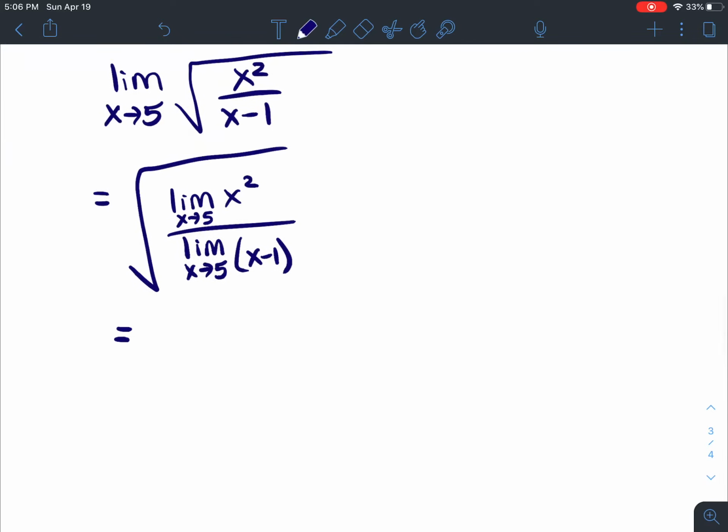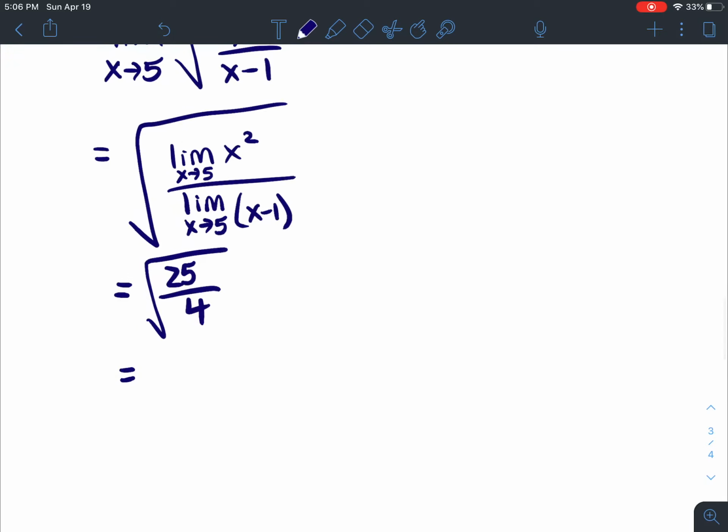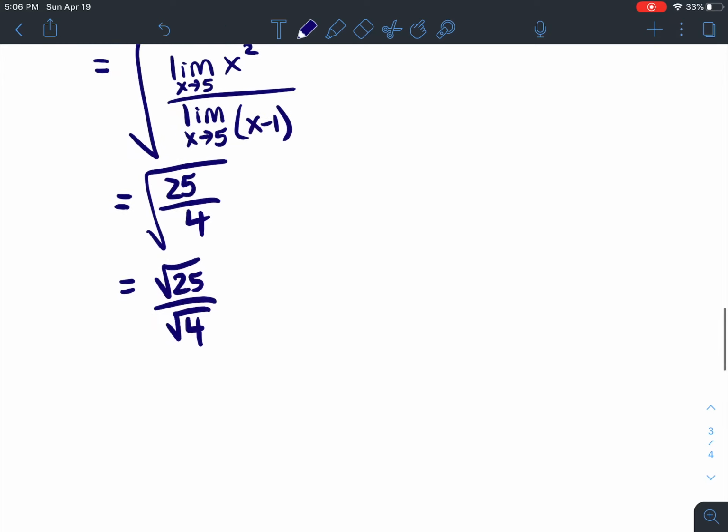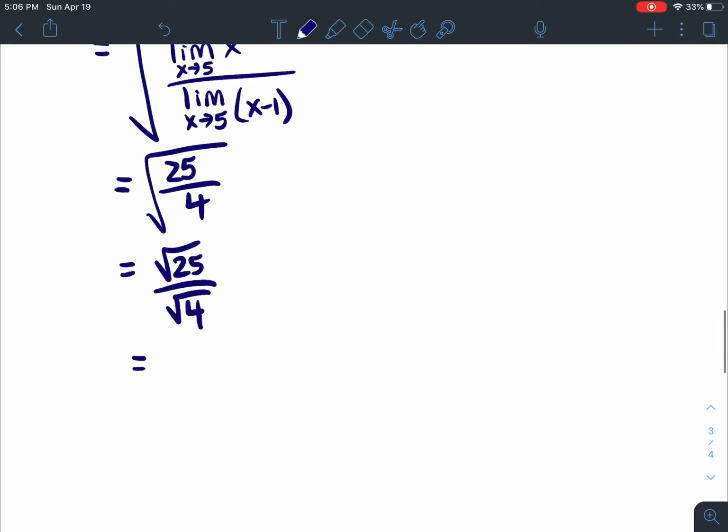So 5 squared is 25, and 5 minus 1 is 4, and then we're going to take the square root. Since 25 divided by 4 is not a nice number, I'm going to square root the top and then square root the bottom, because that's a property of radicals. So that would be 5 over 2. So limit properties in these cases aren't groundbreaking.